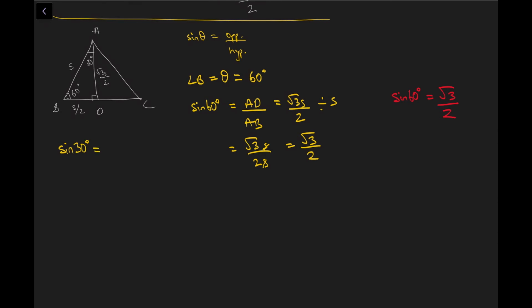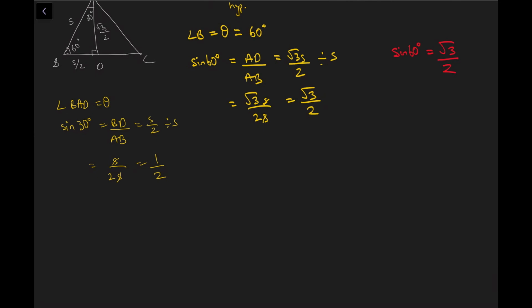So in this case, when angle BAD is equal to theta, we have sine 30 is equal to BD by AB, which is S by 2 divided by S, which is nothing but S divided by 2S, which is 1 by 2. And that's your second derivation. We have sine 30 is equal to 1 by 2.